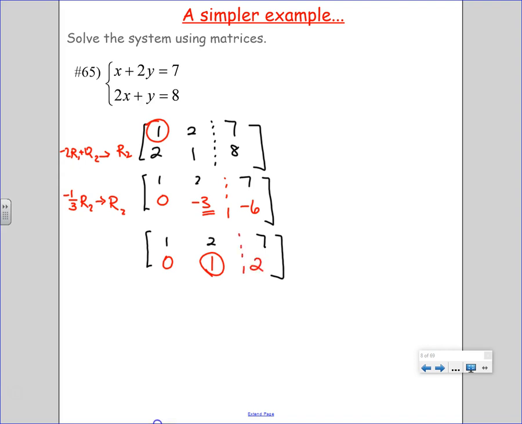Good. I'm almost there. Now that the 1 is established, what do I do to finish the column? -2 or 2. Multiply the established 1 row, which is row 2, by the opposite coefficient, add to the row that you need it to get into. Now the second row will stay the same: 0, 1, 2.